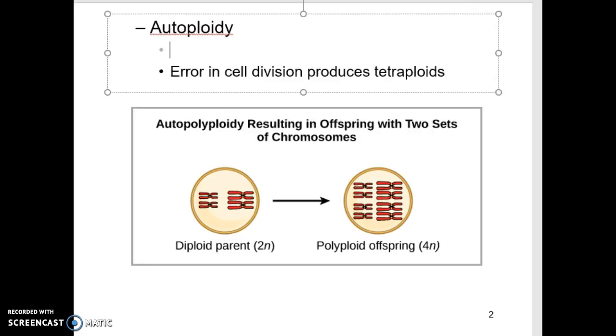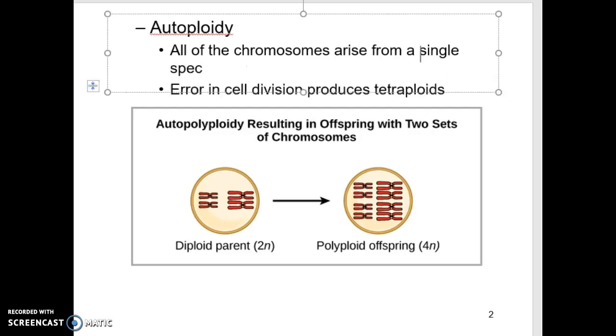autopolyploidy. Now with autopolyploidy, all of the chromosomes arise from a single species. So all of the genetics of that species come from that one species, and it causes a split because the information from members of that species is not accurate.